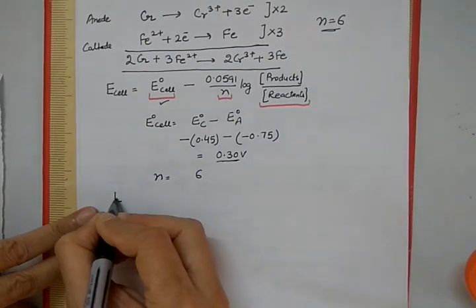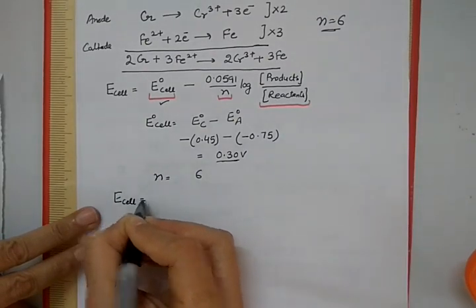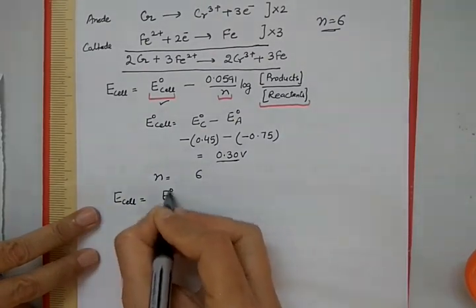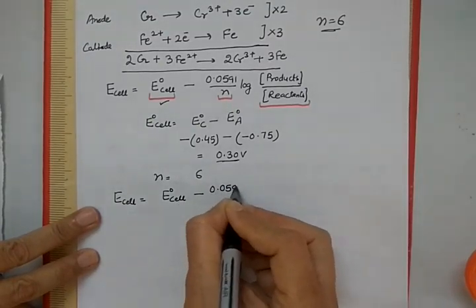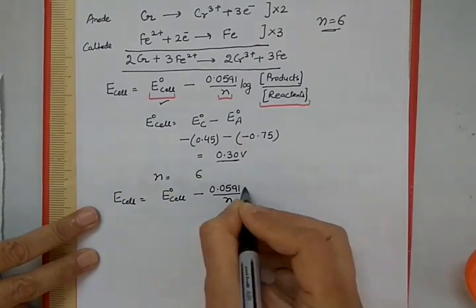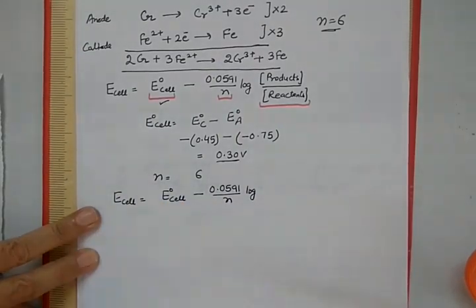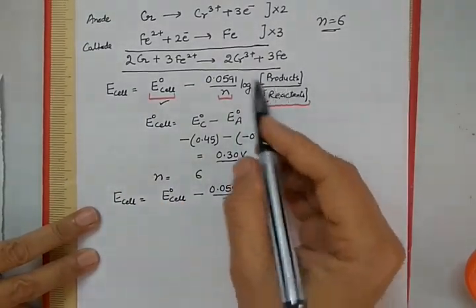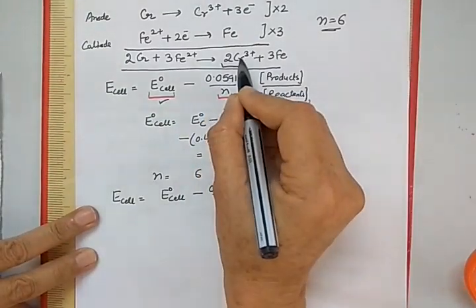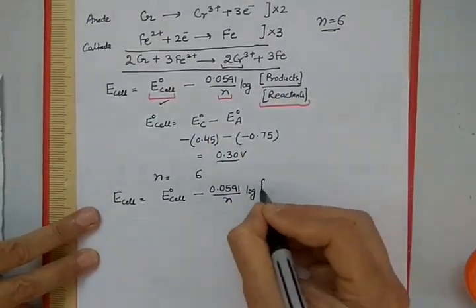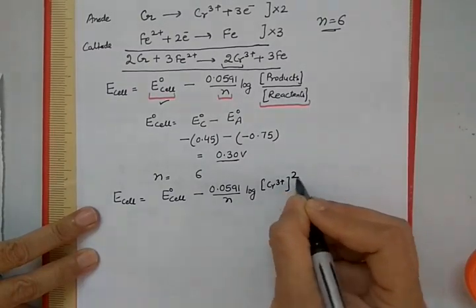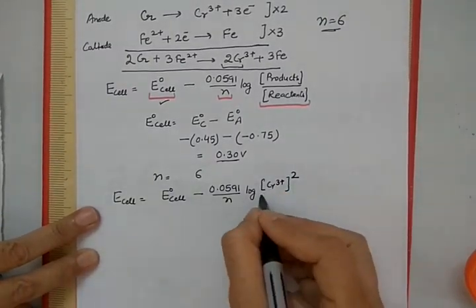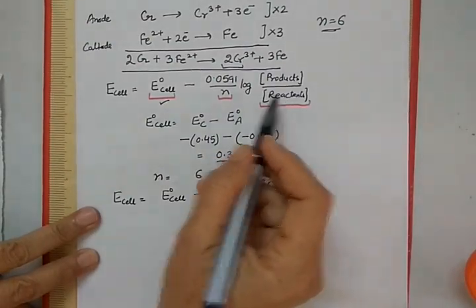So E of the cell is equal to E naught of the cell minus 0.0591 divided by n log concentration of products. What is the product? Cr3+. So we will write Cr3+, how many ions? 2. So raised to power 2 divided by concentration of reactant.